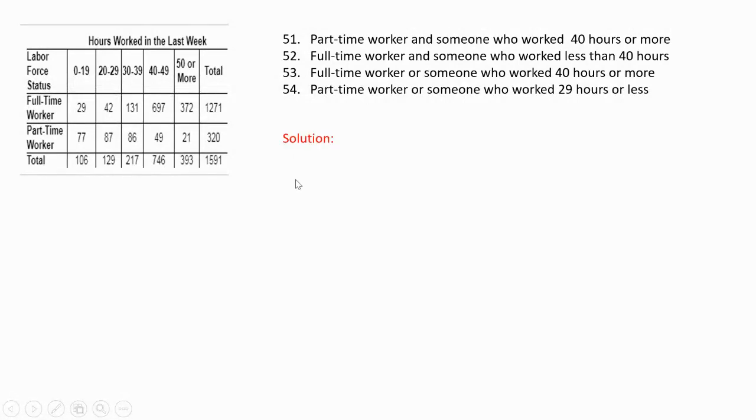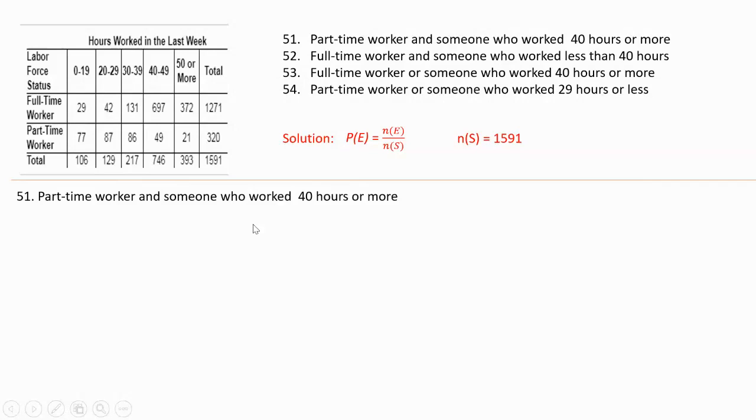Let's do 51, and let's do one that has the word "and" and one that has the word "or." So remember, "and" stands for what they have in common, right? So let's see here, a part-time worker is right here, part-time worker, and someone who worked 40 hours or more.